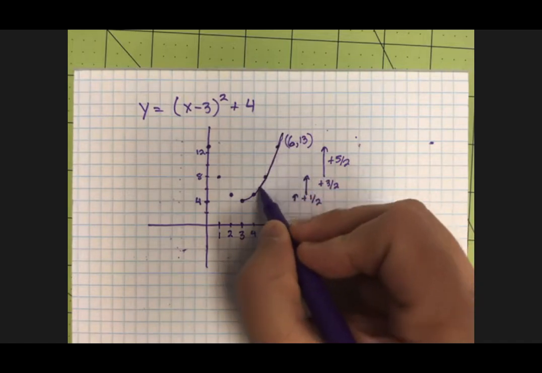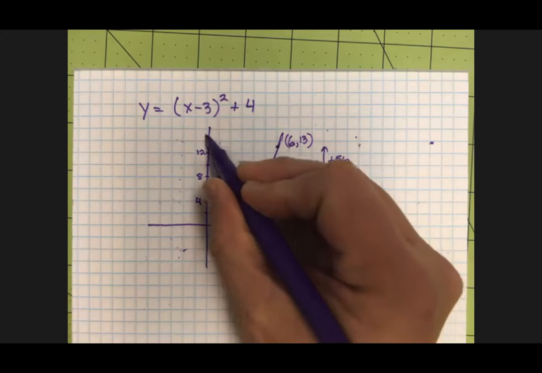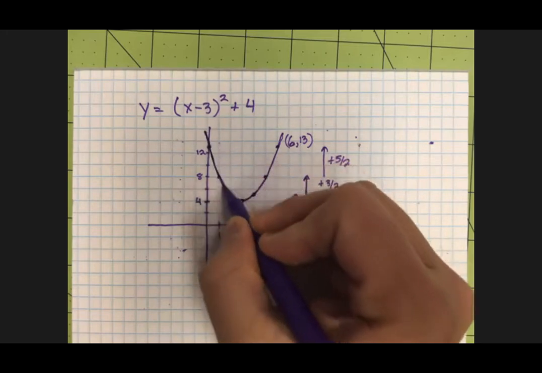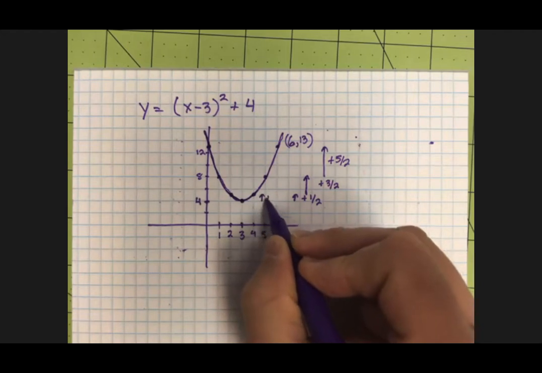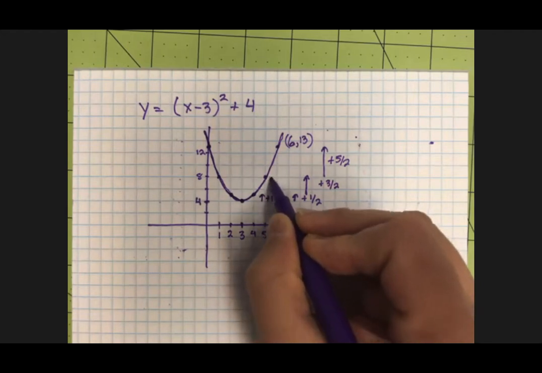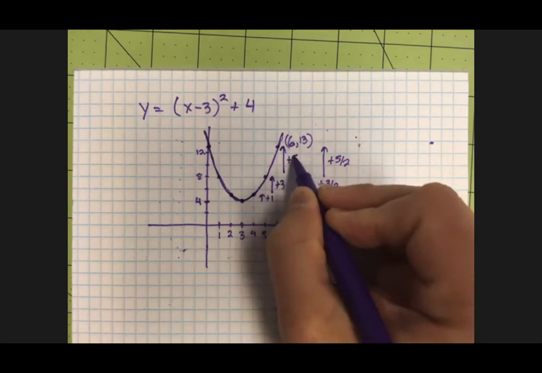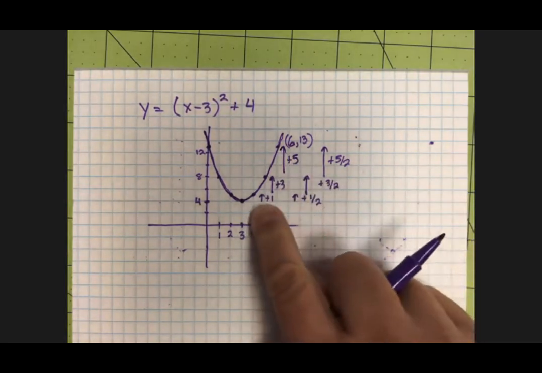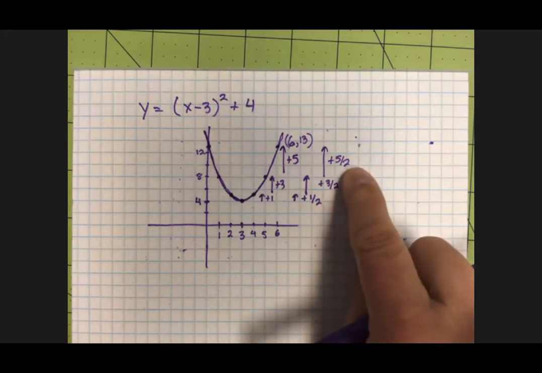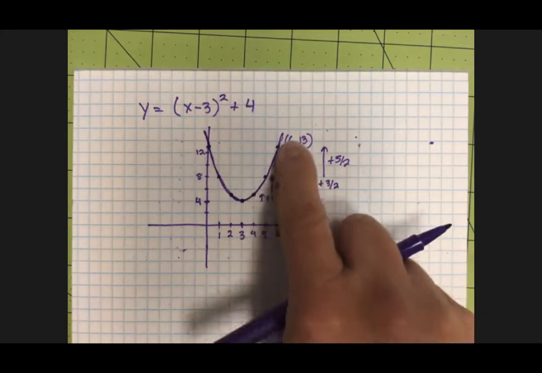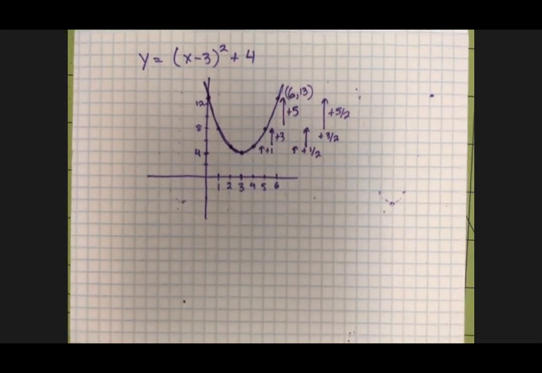I've drawn a perfect parabola with a minimum amount of work. Plus 1 unit, plus 3 units, plus 5 units. Even using the scale of my boxes, plus 1/2 box, plus 3/2 box, plus 5/2 box. If you get a point out of place, you'll know it because your scale will look bad.